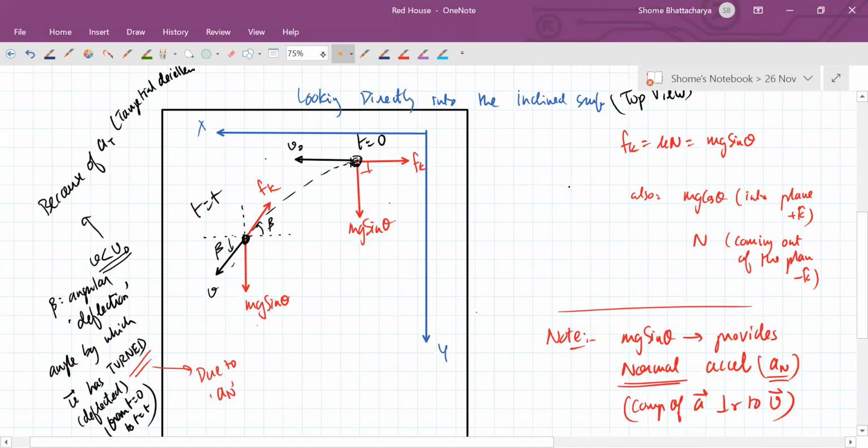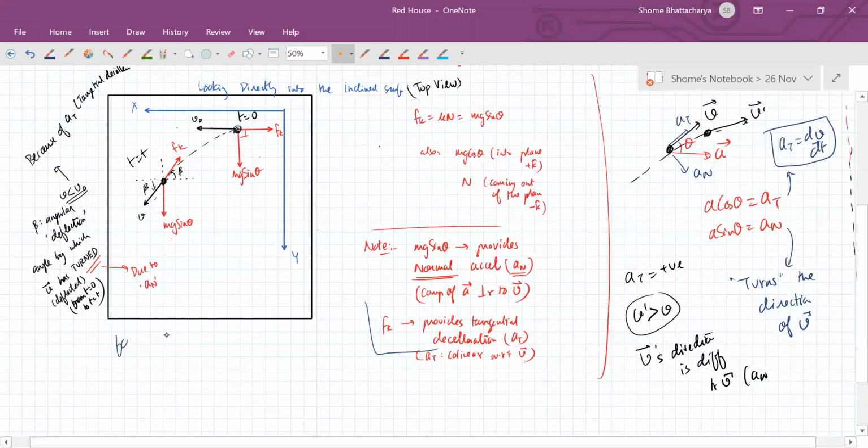Okay, so now if I want to write the equation for the free body diagram at the general time t, so for t equal to t, for this instant, okay, this was for t equal to 0. This was at t equal to 0. Now I'm writing for t equal to t. So in this diagram you can see that if I draw this, this is the direction which is normal to the velocity vector.